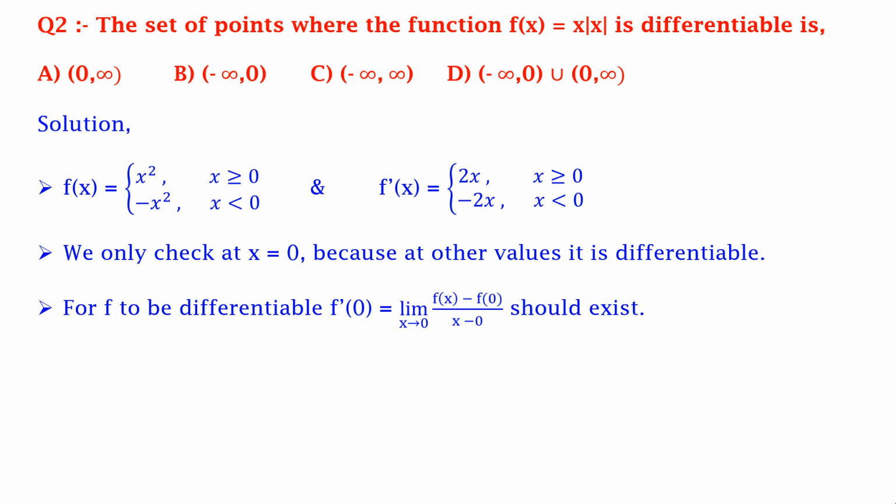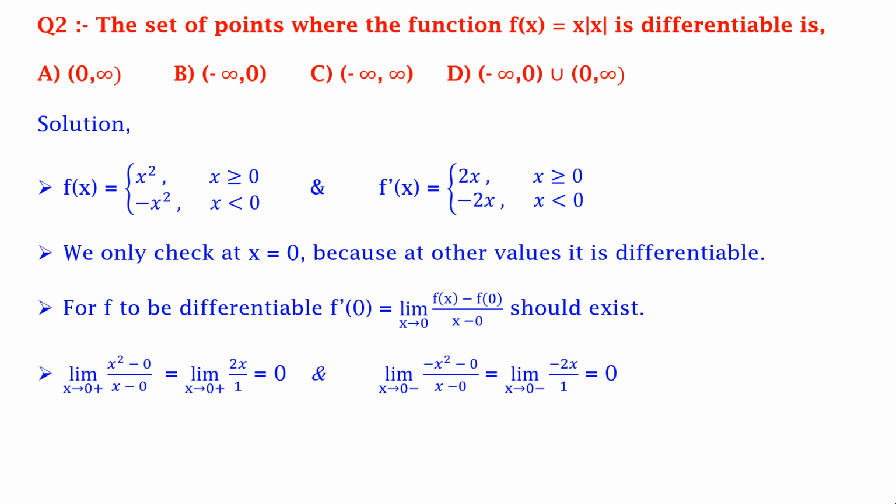For f to be differentiable, we need f'(0), which is the limit x tends to 0 of (f(x) − f(0))/(x − 0), to exist. That is limit x tends to 0⁺ of (x² − 0)/(x − 0), which is equal to limit x tends to 0⁺ of 2x/1, which is equal to 0, and limit x tends to 0⁻ of (−x² − 0)/(x − 0), which is equal to limit x tends to 0⁻ of −2x/1, which is equal to 0.